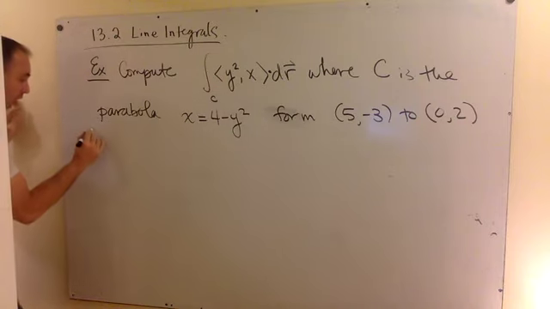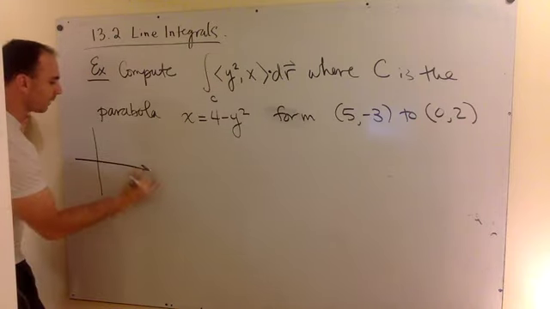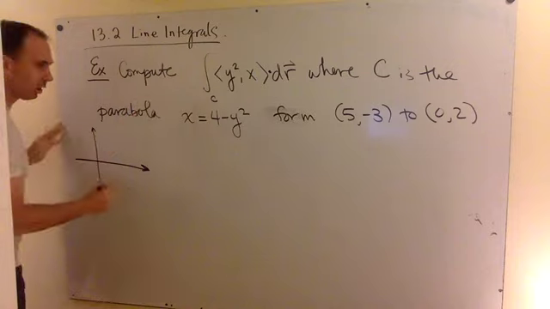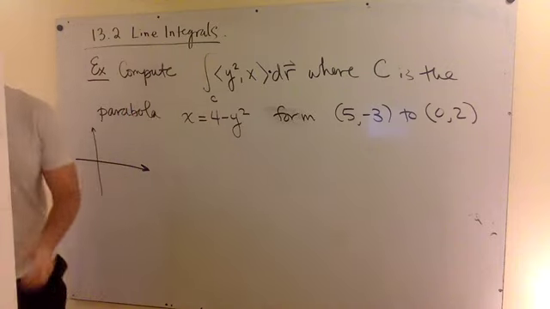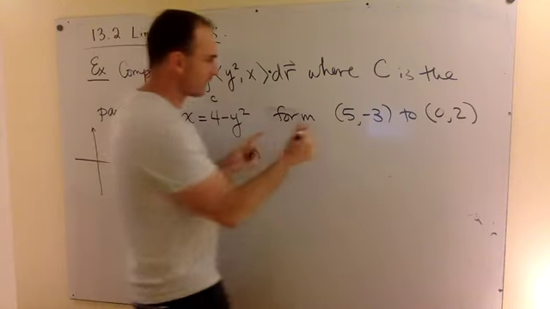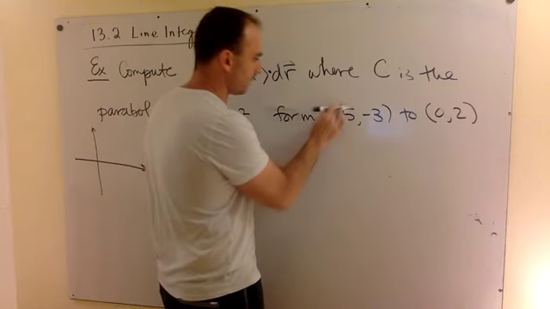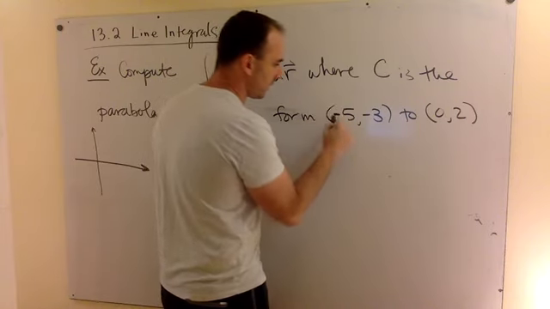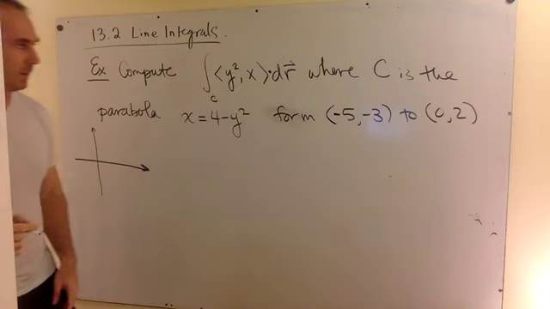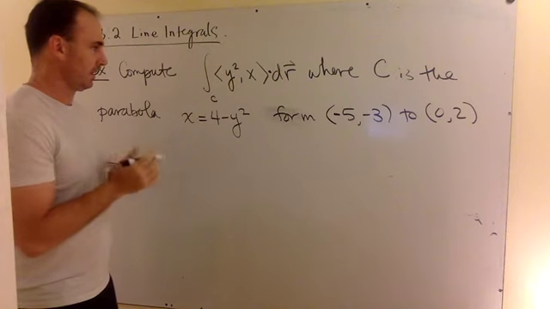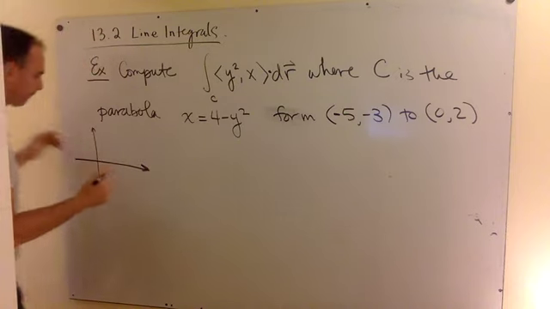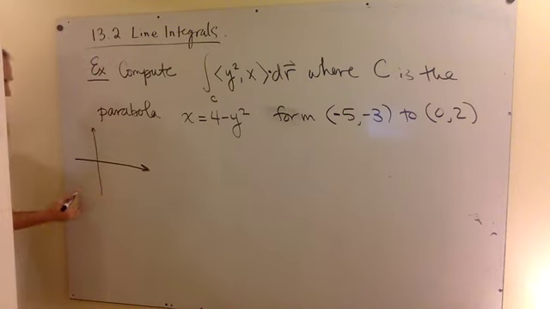Okay, so let's draw our curve here and think about how we can parameterize it. Our curve starts at, sorry guys, I messed this up. I did not write this in my notes. This should be negative 5, negative 3, somewhere down here.